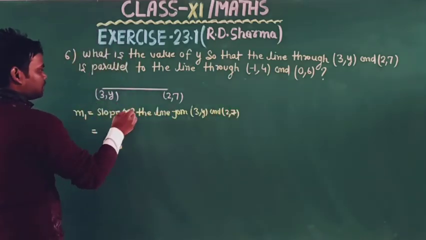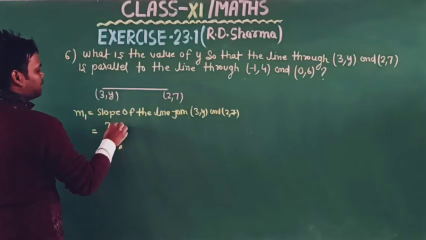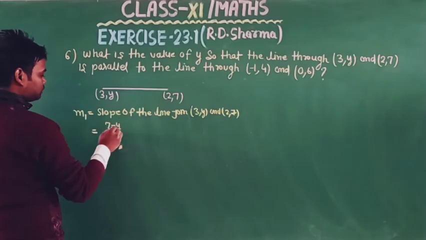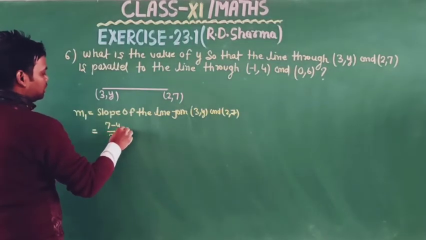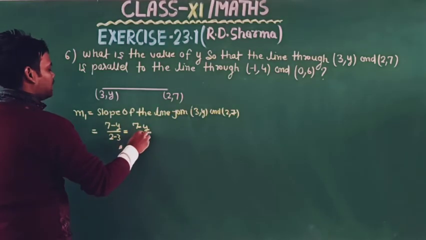So this means (y2 minus y1) upon (x2 minus x1), that is (7 minus y) upon (2 minus 3), which is equal to (7 minus y) by -1.